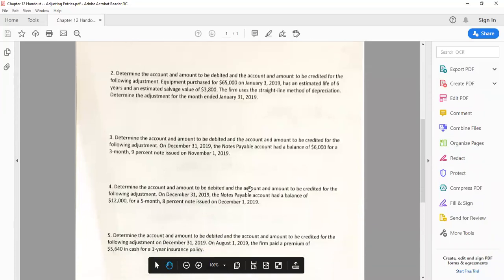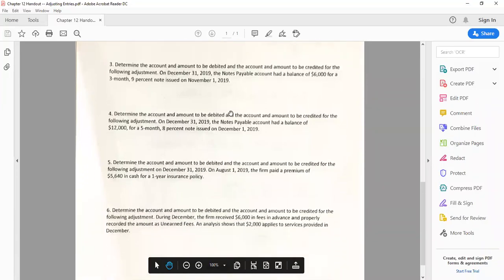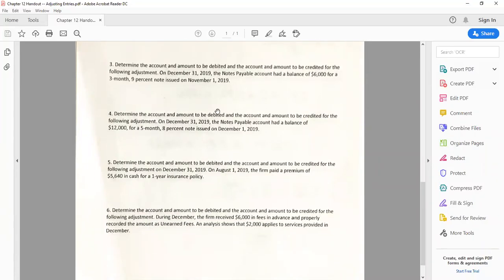There you go. All right, so let's go to the third one. Page down. All right, so actually let's do 3 and 4 together because both of these represent interest calculations, and then I'll go and look at the journal once we've done the calculations first. So both of these are going to be your principal times rate times time calculation. So specifically on number 3, our principal on the note is $6,000. So I'll just remind you, PRT, that's what we want to follow.